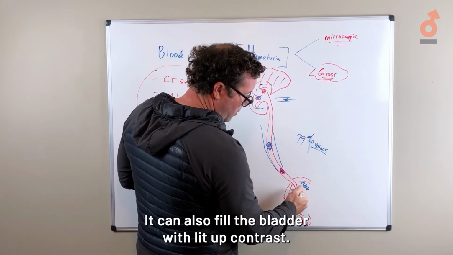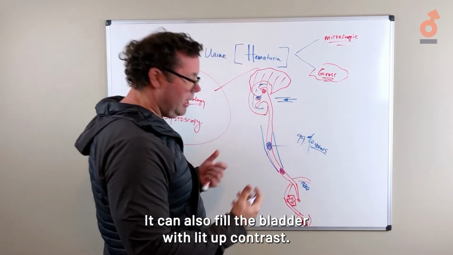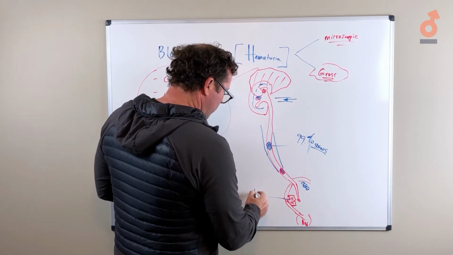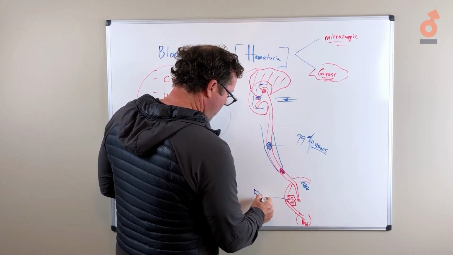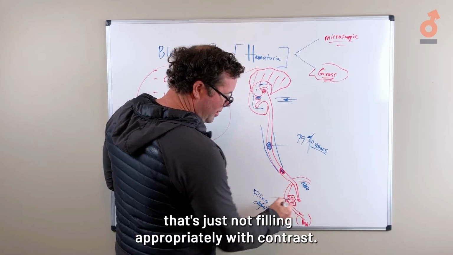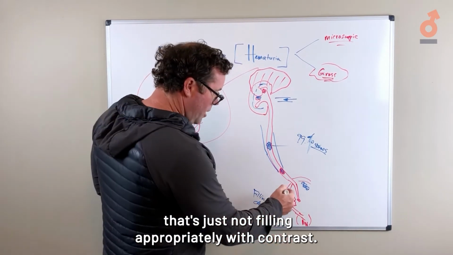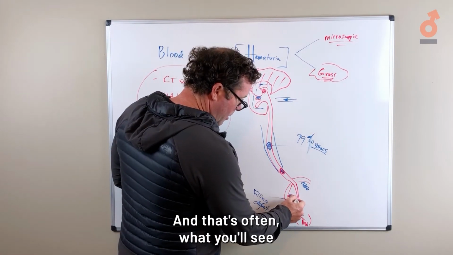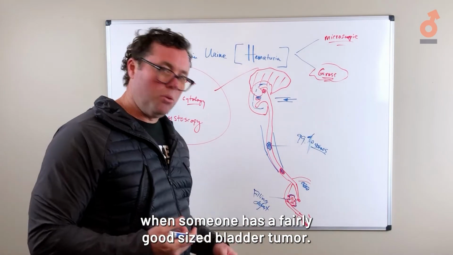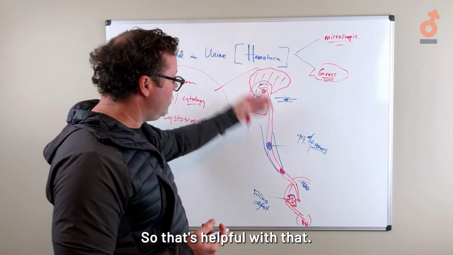It can also fill the bladder with lit up contrast, and you can see what's called a filling defect. And a filling defect is just something abnormal that's just not filling appropriately with contrast, and that's often what you'll see when someone has a fairly good-sized bladder tumor. So that's helpful with that.